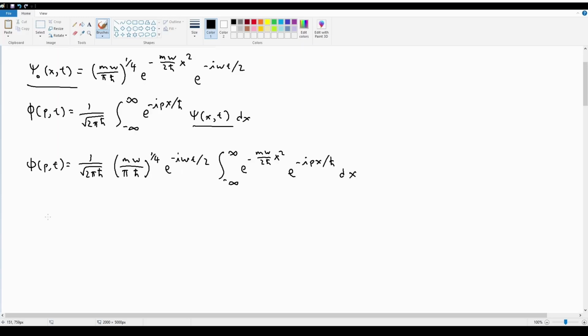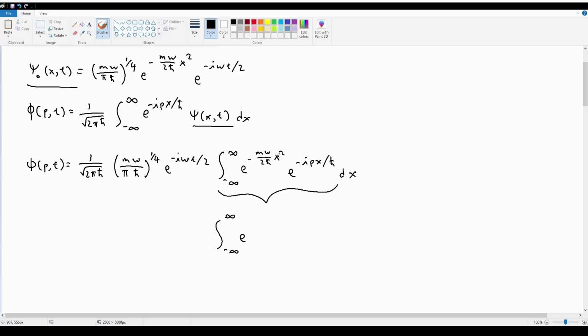Okay, so remember how exponentials multiply together. This can be combined ultimately into a single exponential to simplify this problem a little bit. So let's do that. This is going to simplify into the integral from negative infinity to infinity of e, and this is an integral in terms of x.